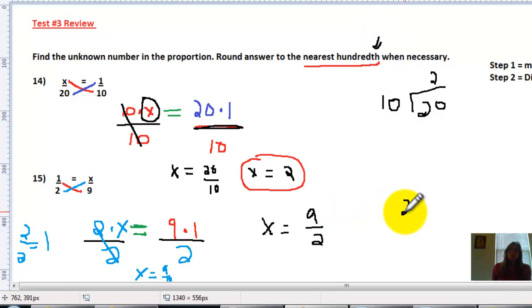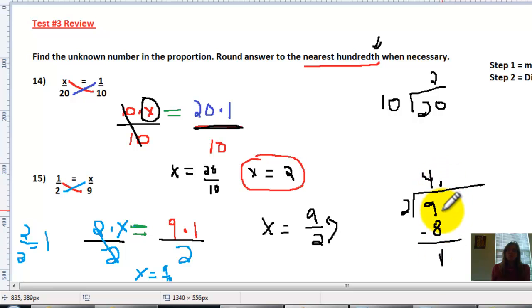And how you do that without the calculators, remember you're dividing the bottom number into the top. 2 goes into 9 4 times, and that's 8. Subtract, you have 1, but we're going to make it a decimal. So we're adding a 0 after the decimal point and bringing it down.